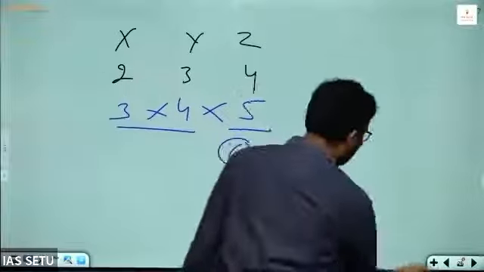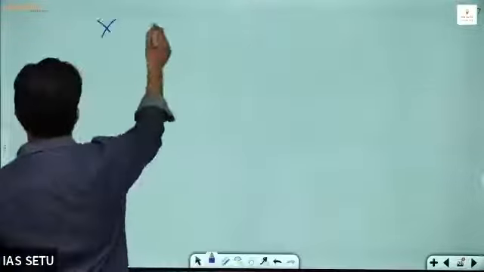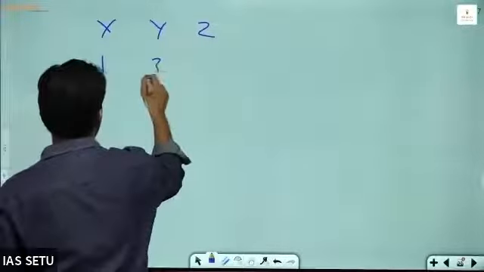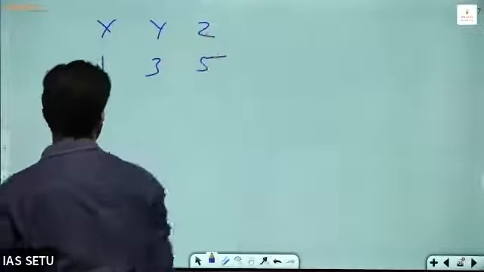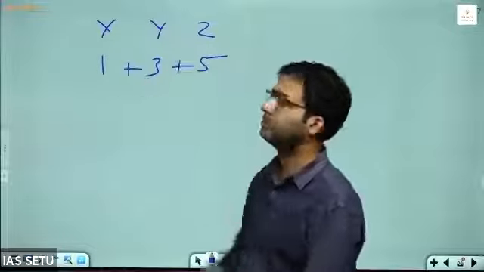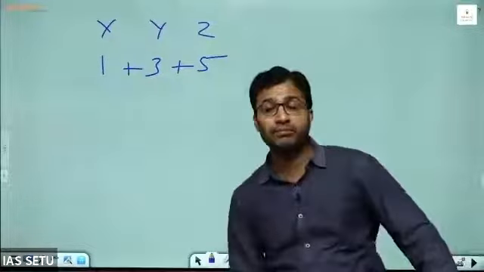Let me ask you 4-5 questions. We have to put 1 cut on X, 3 cut on Y, 5 cut on Z. Number of cut 1 plus 3 plus 5. Cut we add, pieces we multiply.